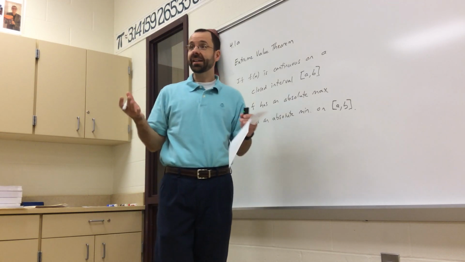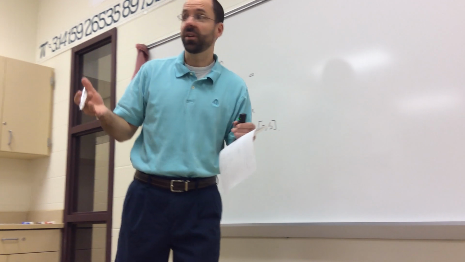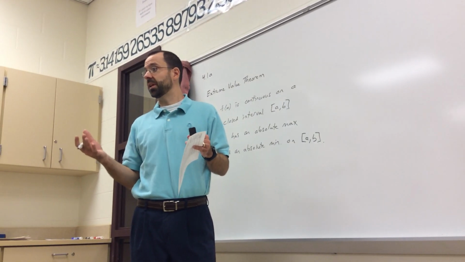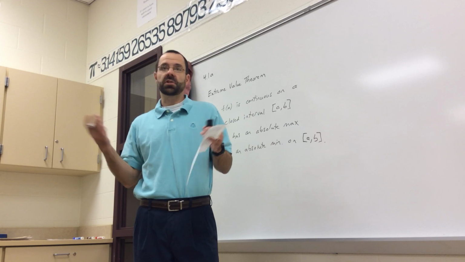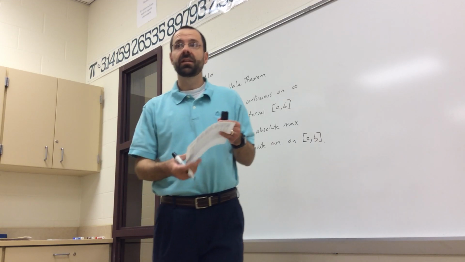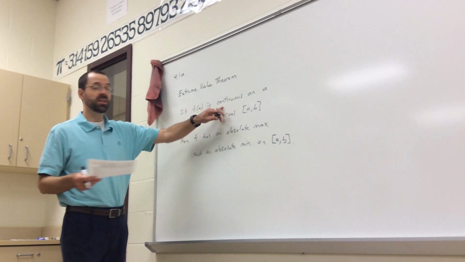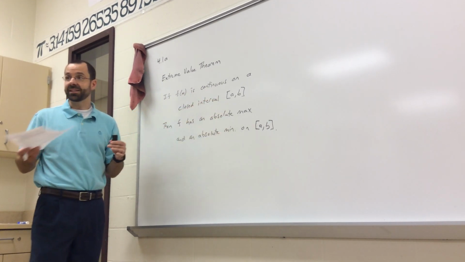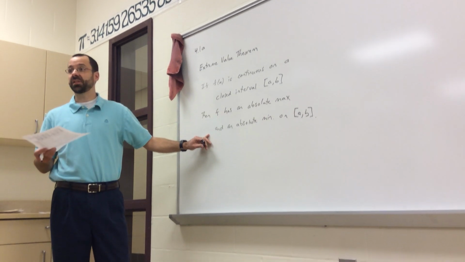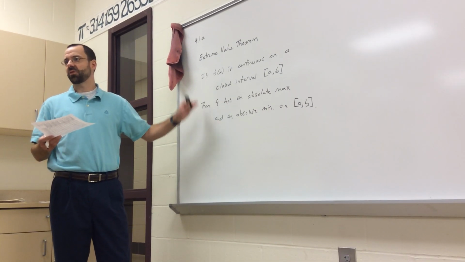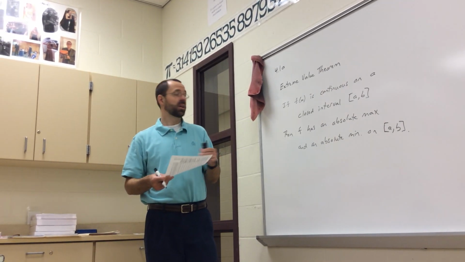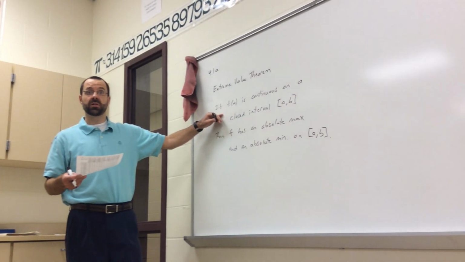So it's not guaranteed that a graph will have an absolute max, and it's also not guaranteed that a graph will have an absolute min. Some don't. But if the function is continuous on a closed interval, then it's guaranteed to have an absolute max and an absolute min. That's all this theorem's saying. So some functions don't have absolute maxes and absolute mins, but these do for sure.